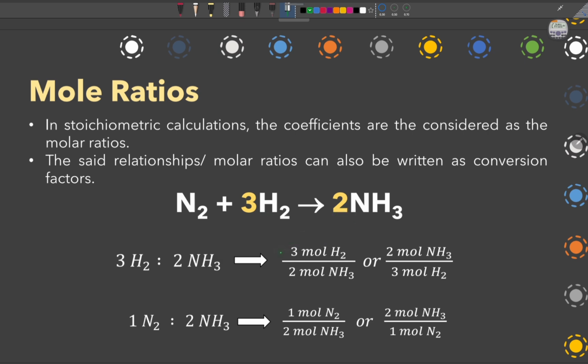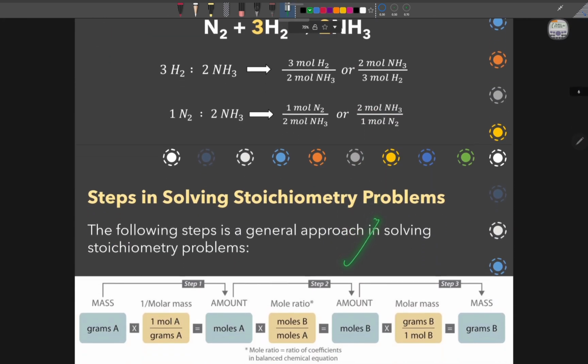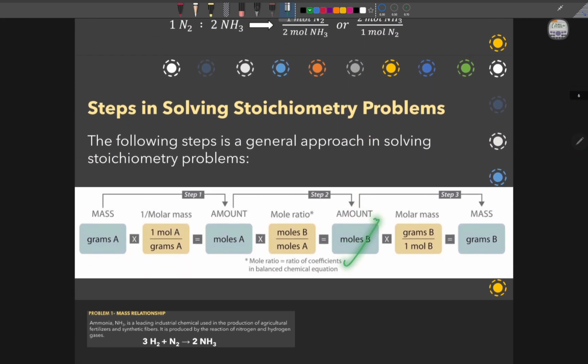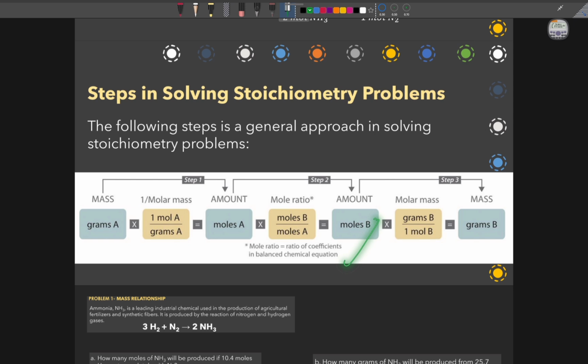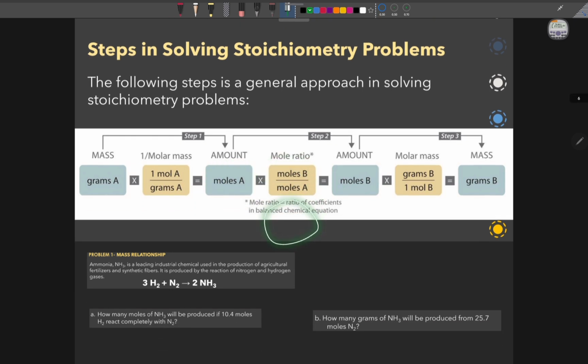You can write this as 3 moles of each over, or you can have it this way, as long as the ratio between these is correct based on the balanced equation. To solve that, you're just canceling out units, and take note that to convert from substance A to B, you'll be using the mole ratio. Let's show that.